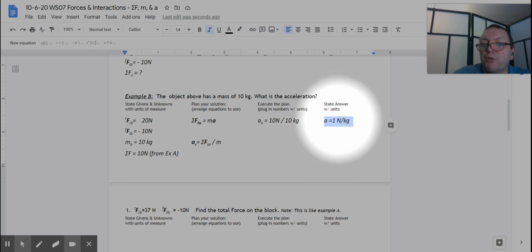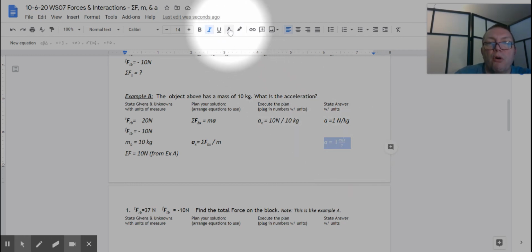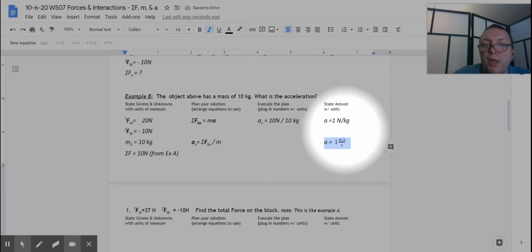A newton is a measure of force, a kilogram is a measure of mass. If we simplify that or write it in a different set of units, it's also possible to say acceleration is 1 meter per second per second.